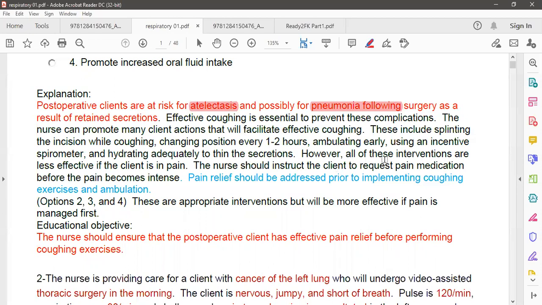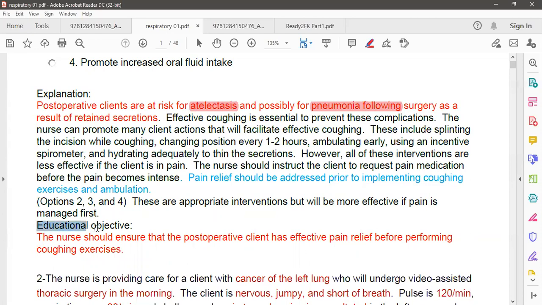However, all of these interventions are less effective if the client is in pain. The client should be instructed to request pain medication before pain becomes intense. Pain relief should be addressed prior to coughing and ambulation.